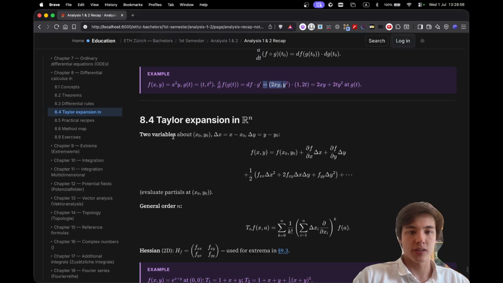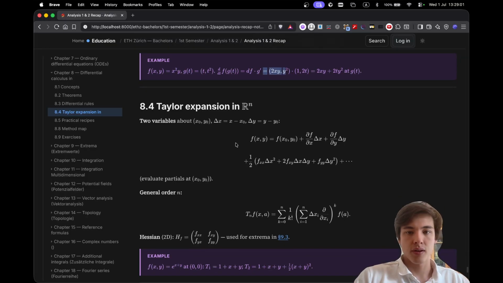Taylor expansions in multi-dimensions. So yeah, then we would have the function itself at x0, y0, and then times derivative respect to x times delta x and delta y, and then 1/2 comes from the Taylor series, the K faculty, and then to the Jacobian of it, but yeah, written out.